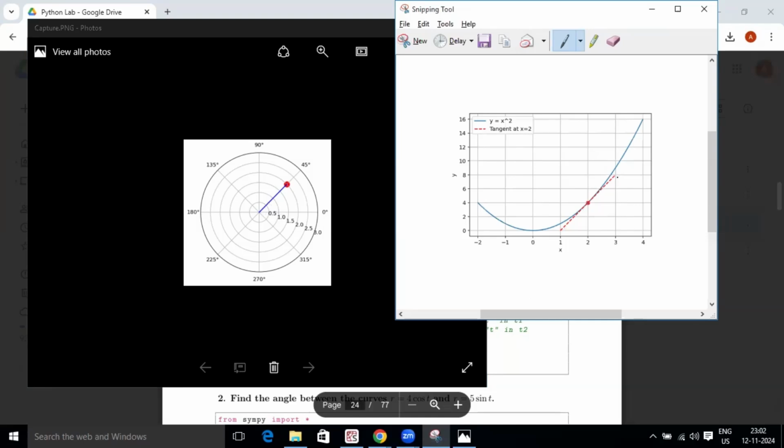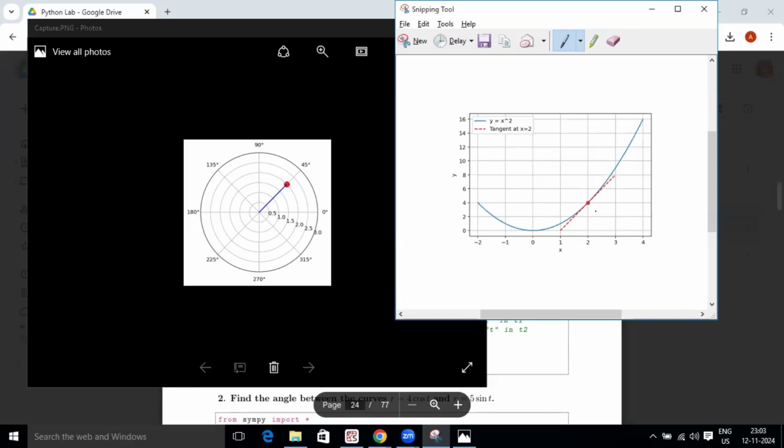The tangent to a curve at a point is a straight line that just touches the curve at that point. And the angle between radius vector and tangent is the angle between the line connecting the origin to a point on the curve and the tangent to the curve at that point.